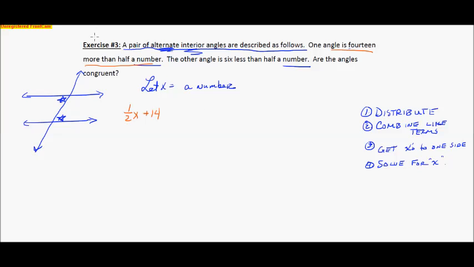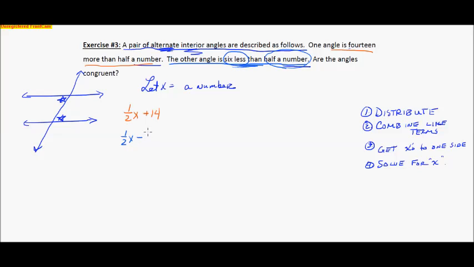The other part of this, I'm going to underline in blue. The other angle is 6 less than half the number. Remember, when we use less than, you take half the number first, and then you take 6 away second.